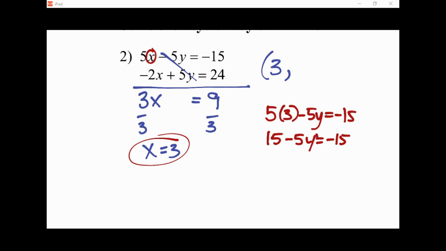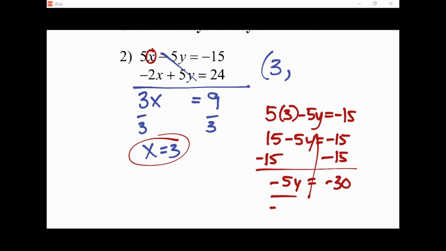So now I start solving. If I subtract 15 on both sides, I get -5y equals -30. So when I divide, I get y equals 6.